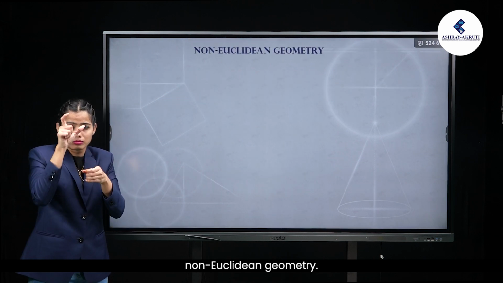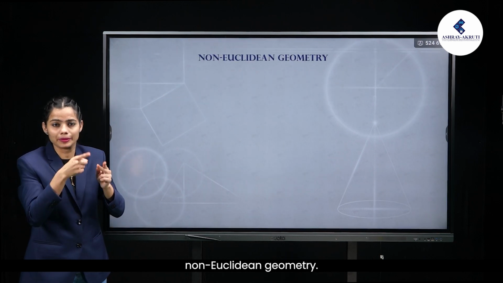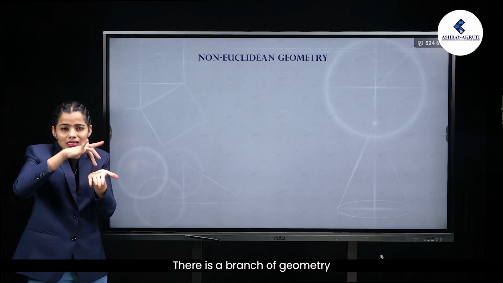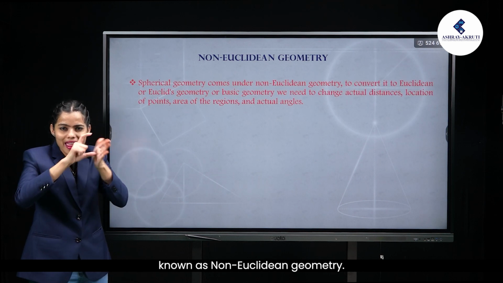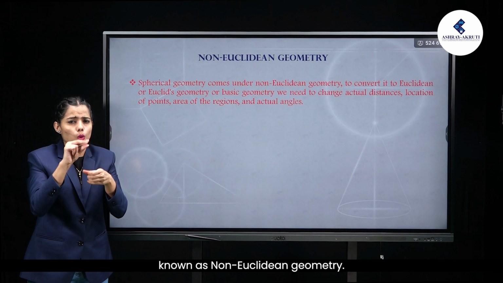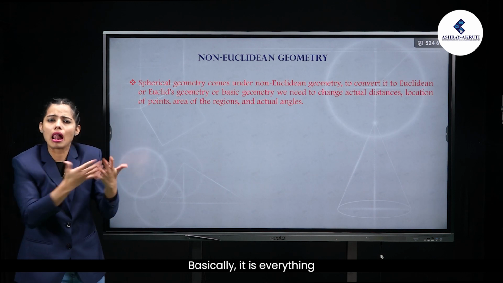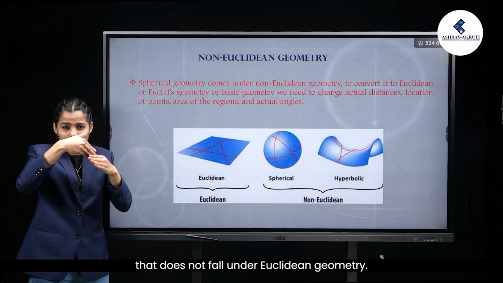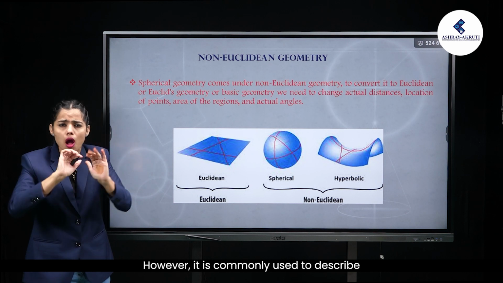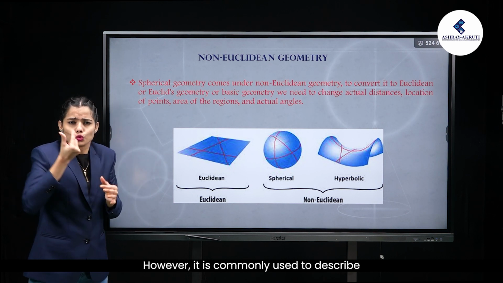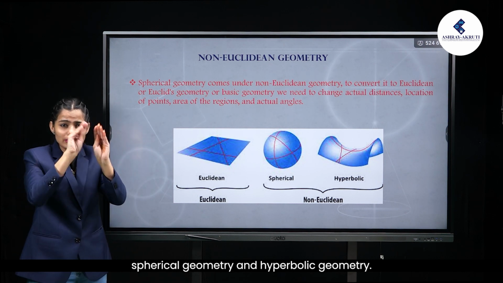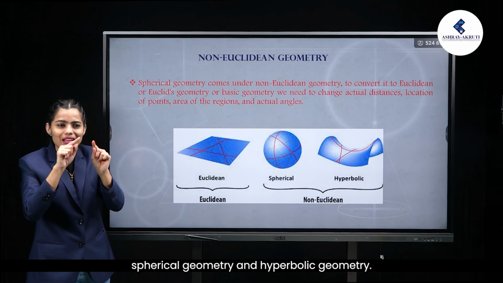Non-Euclidean geometry. There is a branch of geometry known as non-Euclidean geometry. Basically, it is everything that does not fall under Euclidean geometry. However, it is commonly used to describe spherical geometry and hyperbolic geometry.